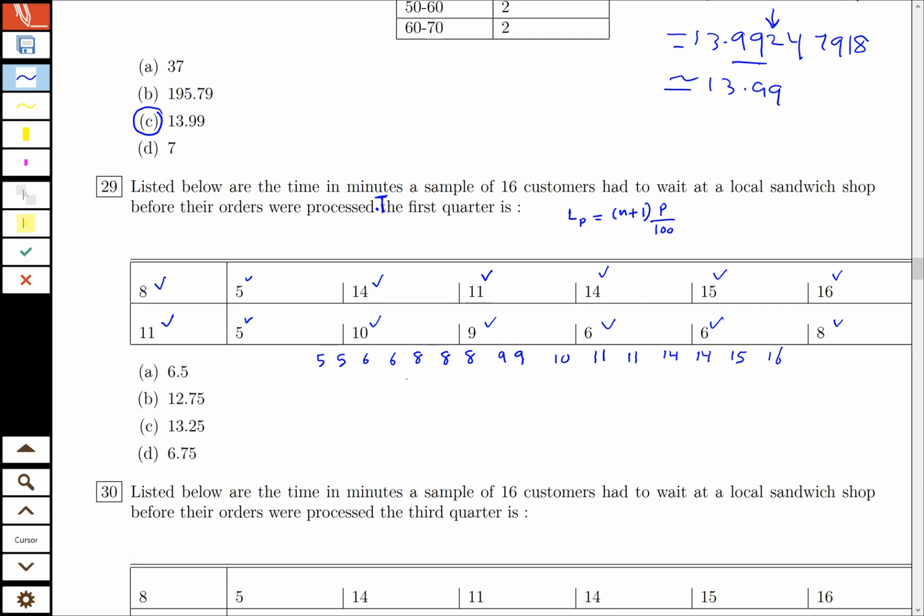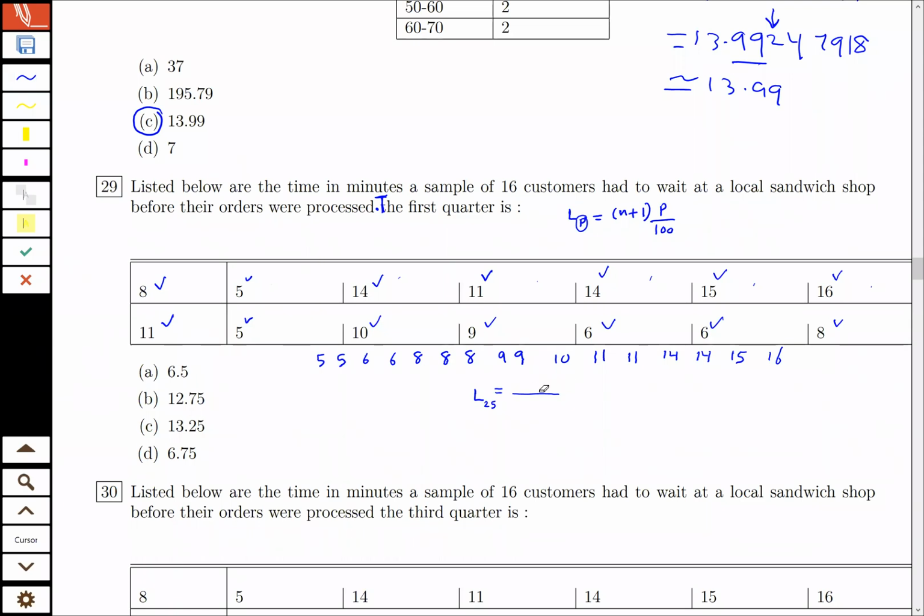If I want to find the first quarter, it means 25%. The location is 25%, so the percentile is 25. The number of elements here we have is 16.